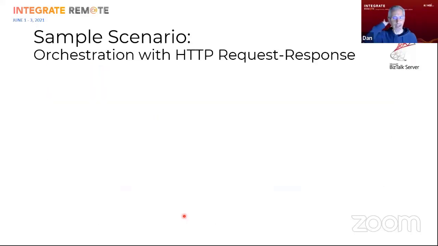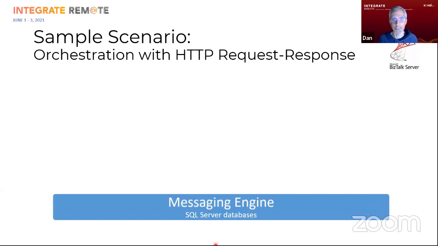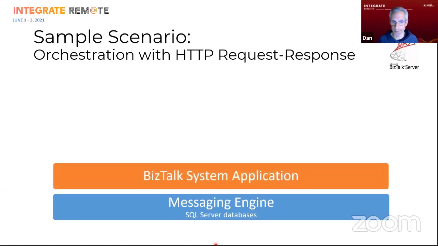Now, if we look at what the architecture for this would be in BizTalk, we start, of course, with the BizTalk platform, which has a messaging engine that's implemented in SQL Server. We then have the BizTalk system application, which is the BizTalk components that's on the server, and that, as we mentioned before, includes things like your property schemas and your pipelines and all of that.